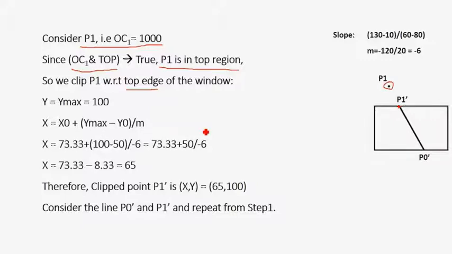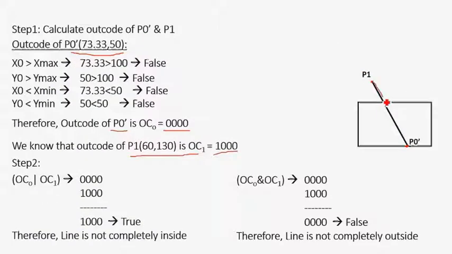And then I plug in the x0 and y0 values, the y max value, and the slope that I am considering here, which is the slope of the new line, that is the slope of this line.